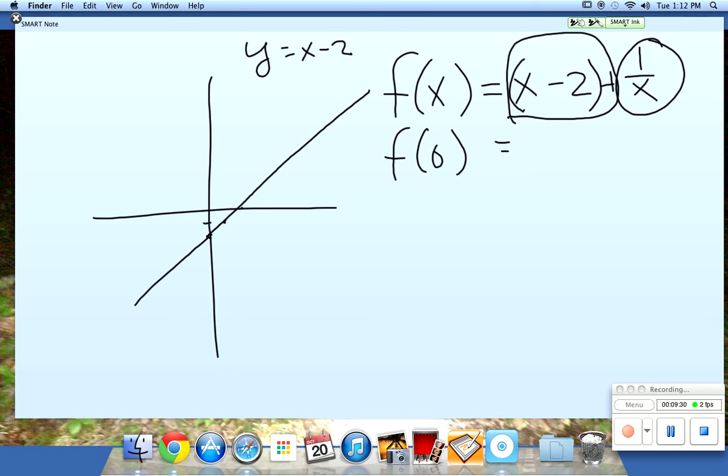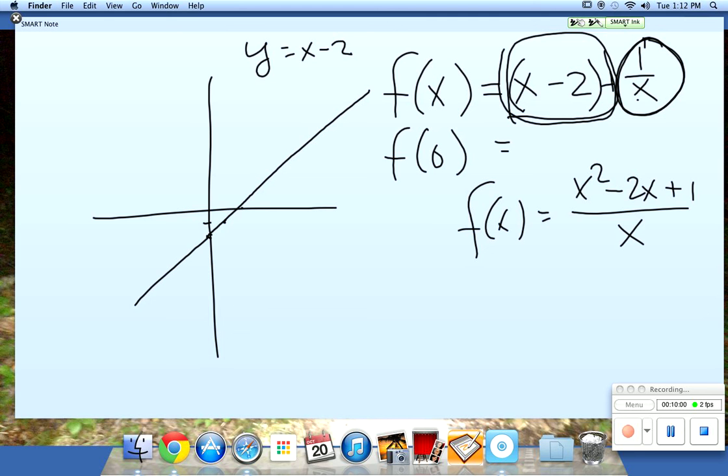And the way I did that is by taking this original equation of x squared minus 2x plus 1 divided by x and actually dividing this out. I was able to find what the sloped asymptote, or the slanted asymptote, was by dividing this out, because we know that this portion of it will never equal 0. So if that can never equal 0, then we could never hit that portion of it.